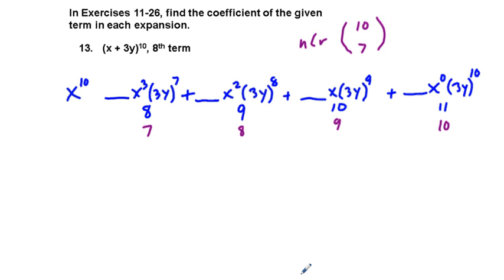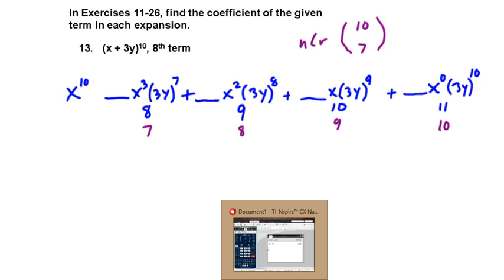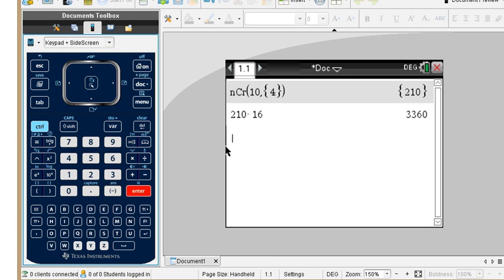And so going to our calculator, go to menu 5.3 and 10, comma, bracket, 7, we get 120.